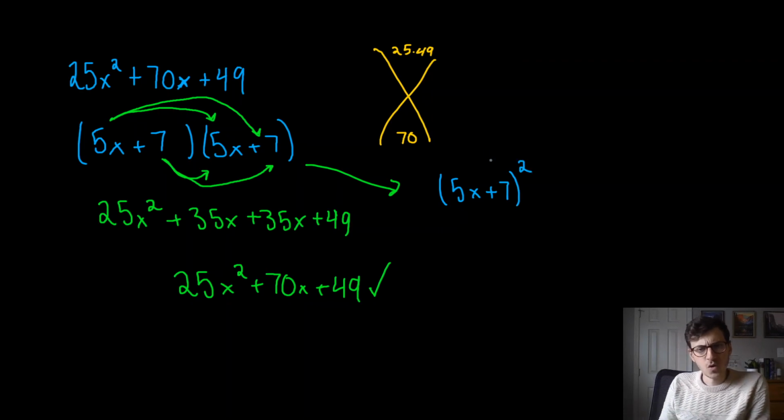Okay, so that is, yeah, that's really the key here, is to notice that you've got two square numbers, 25 and 49 in this case. And then the square root of 25 is what goes in front of x, because that's what's in front of x squared. And the square root of 49 is what goes after that 5x, because that's what we've got right here.